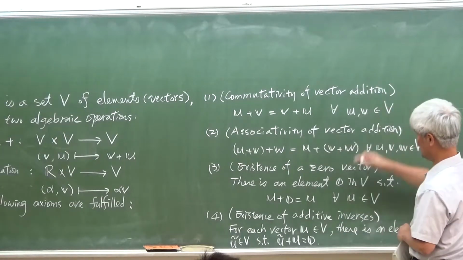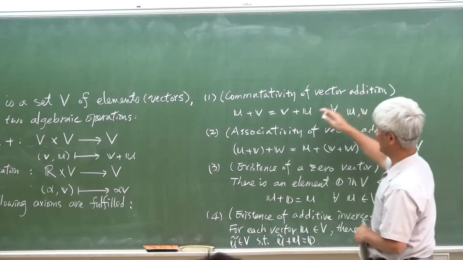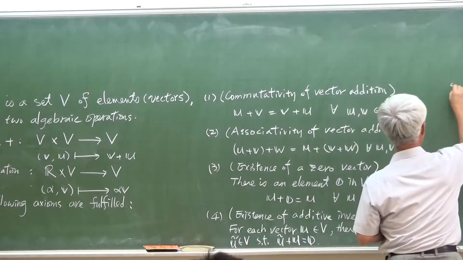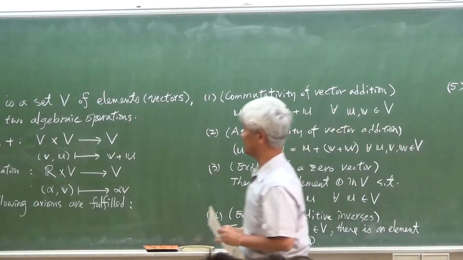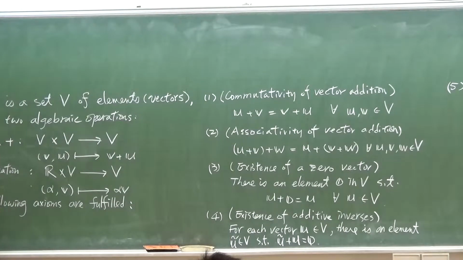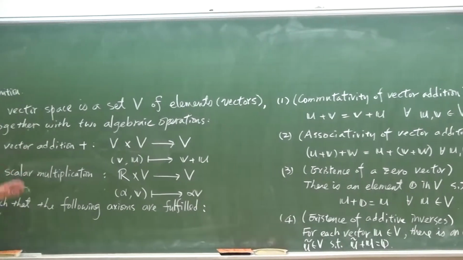All right, so this is all about the vector addition. But we have to mention some properties about the scalar multiplication and the interplay between scalar multiplication and vector addition.